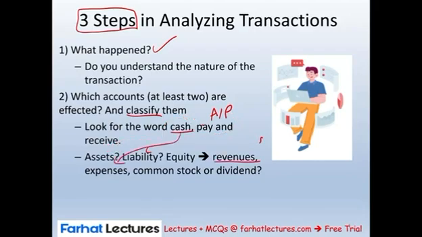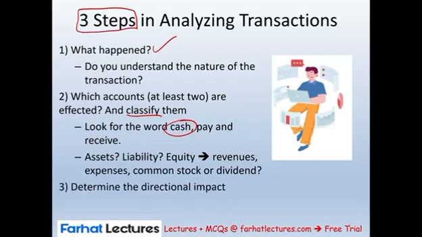You might have cash and expenses. You might have cash and common stock. You might have some other combination of accounts. But if cash is involved, it's going to make the transaction much easier. And initially in financial accounting, I would say 80% of the transactions go through the cash account, which makes it easier for you to analyze.